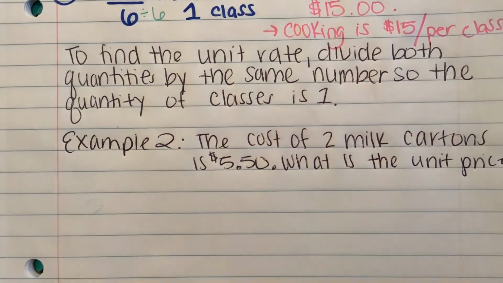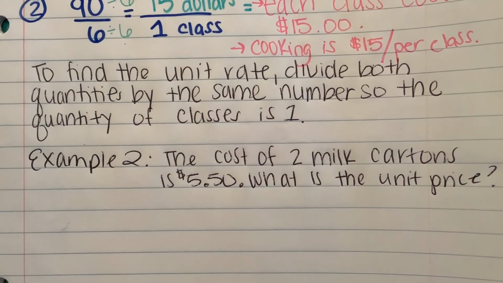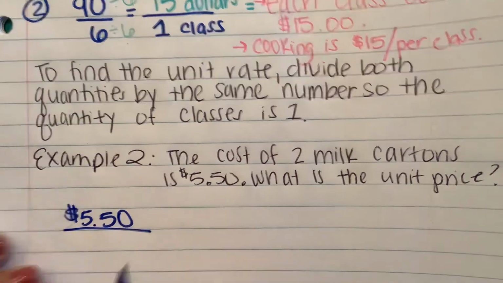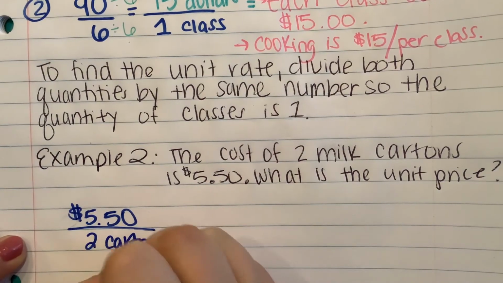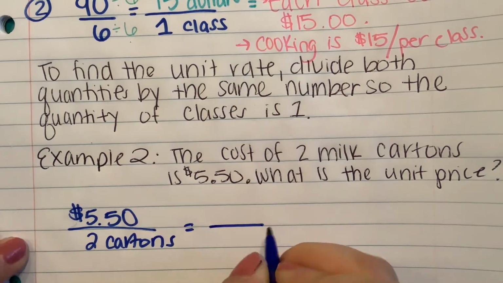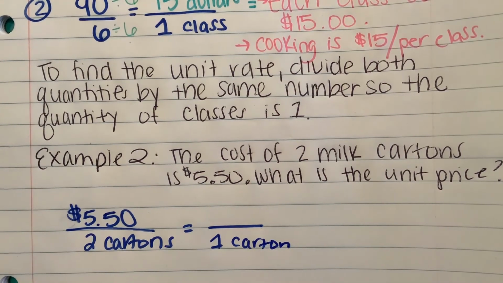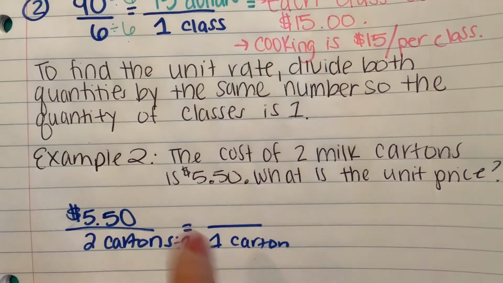So our job is to find out what 1 carton of milk would be, the unit price, okay? So I'm going to start with my $5.50. Notice this time I'm using the dollar sign as my label. Over 2 cartons, and I need to find how much 1 carton of milk costs. Well, here we go. I'm going to divide by 2 because 2 divided by 2 gives me 1.